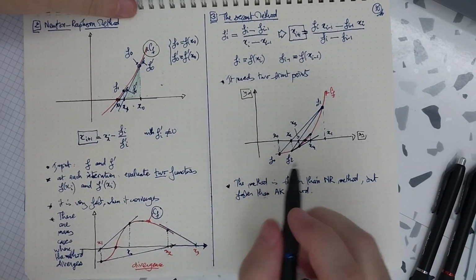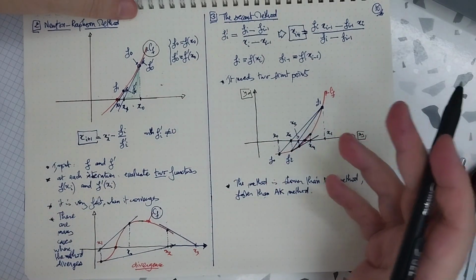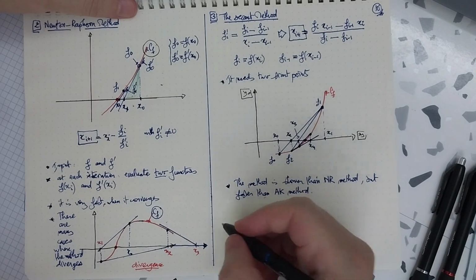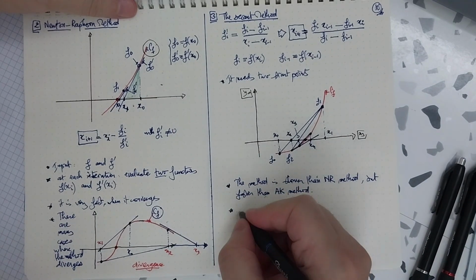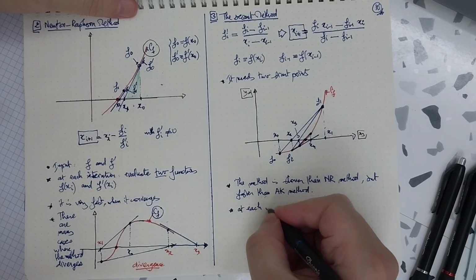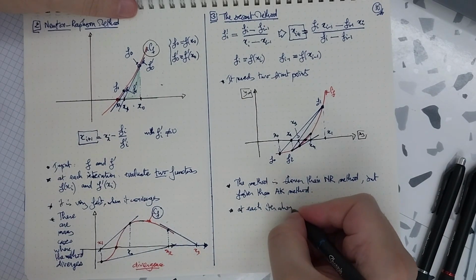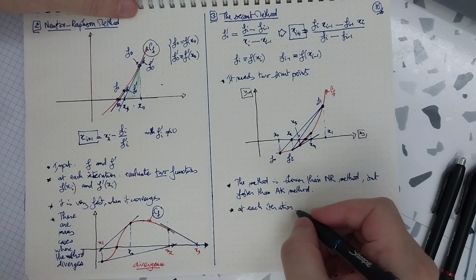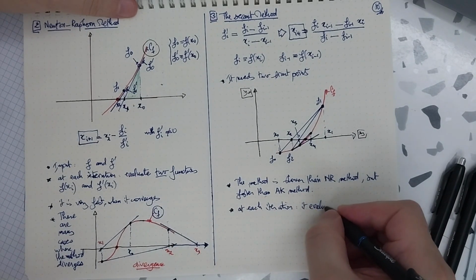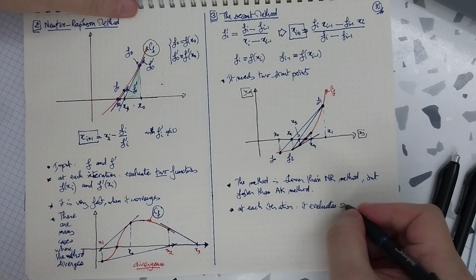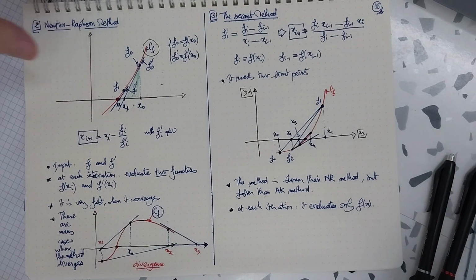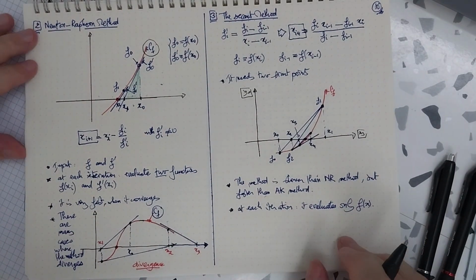And its main purpose is not to use the derivative. So, like the Abou Kamel method, the cost at each iteration is that it evaluates only f(x), not the derivative. So this is the secant method.